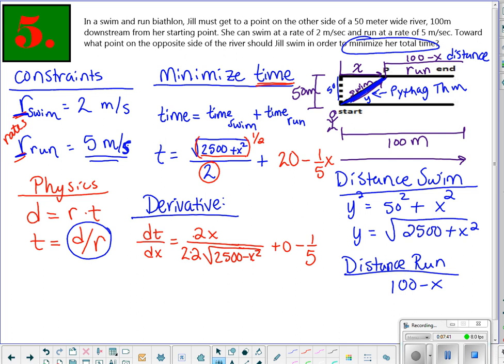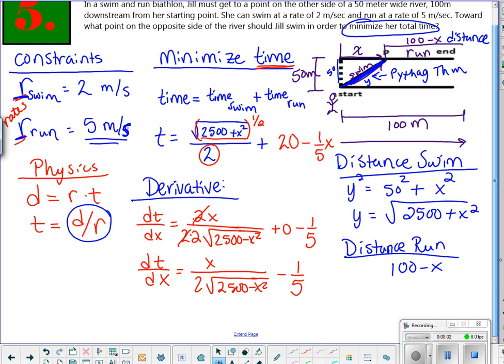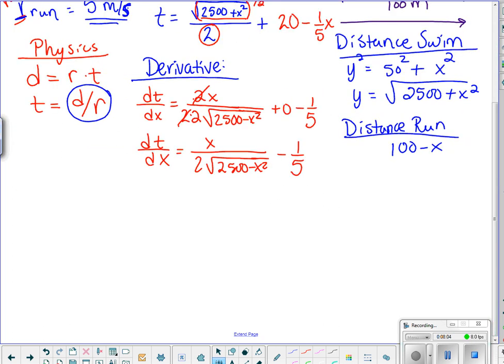Okay, let's simplify dt/dx. dt/dx is going to be x over 2 root 2,500 minus x squared, minus a 1/5. Cool. We want to optimize by minimizing the time, so our next step comes in.